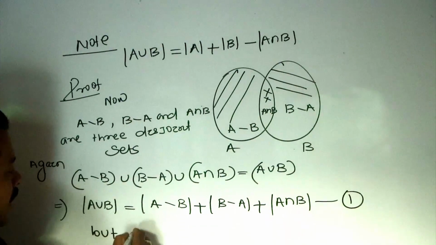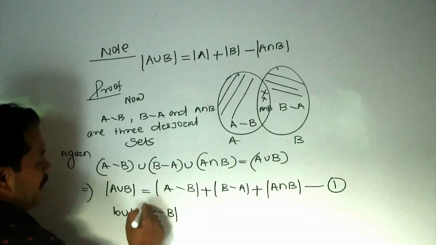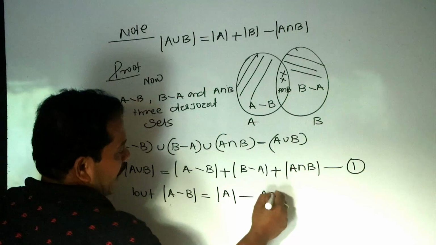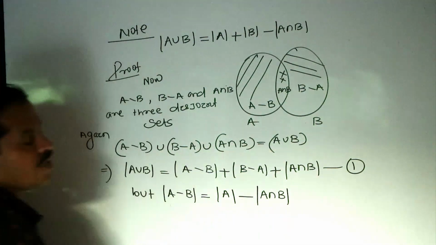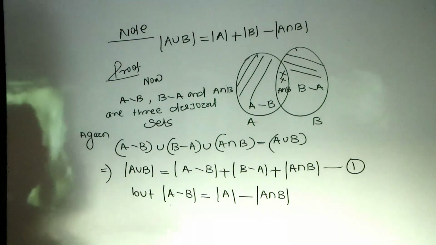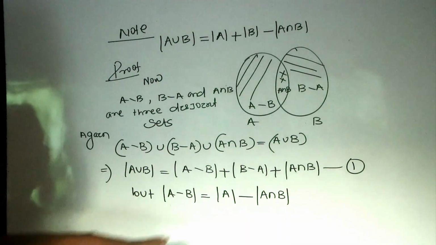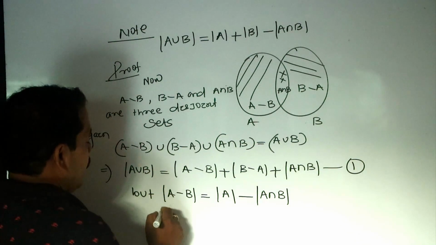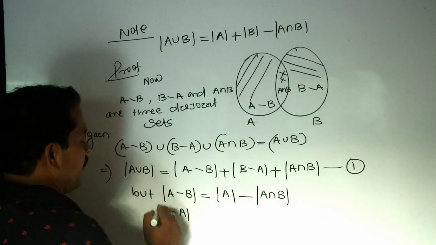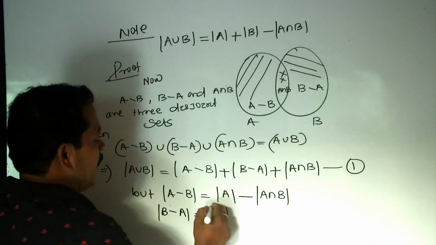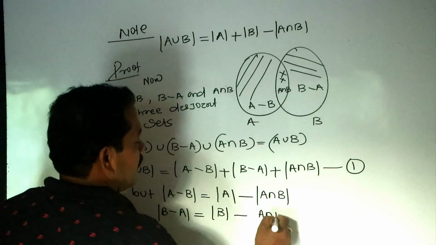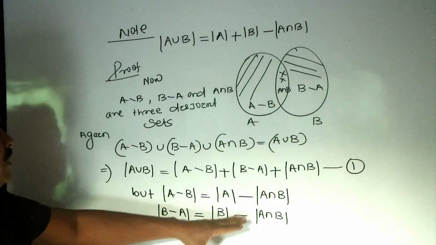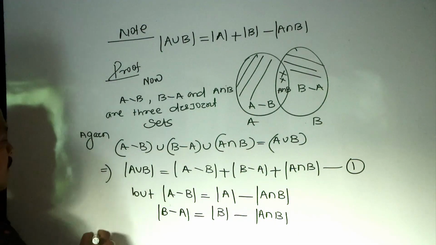But we know that cardinality of A difference B is cardinality of A minus cardinality of A intersection B. And also cardinality of B difference A is cardinality of B minus cardinality of A intersection B. Now we substitute these two results in equation 1.